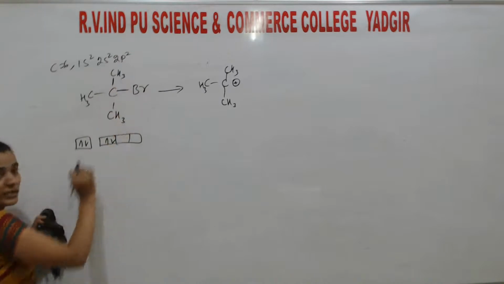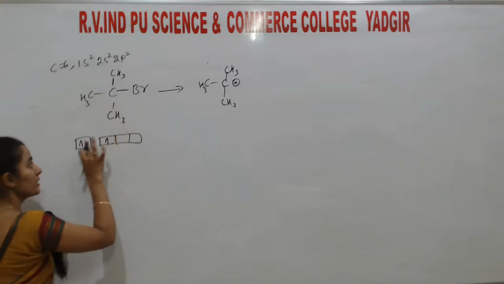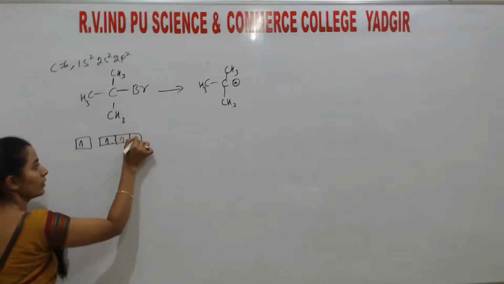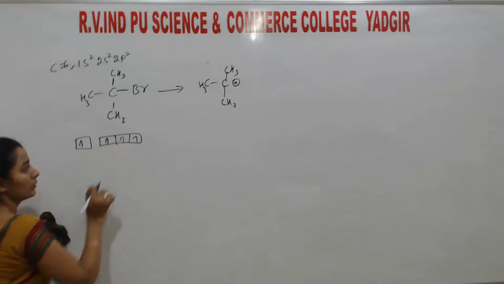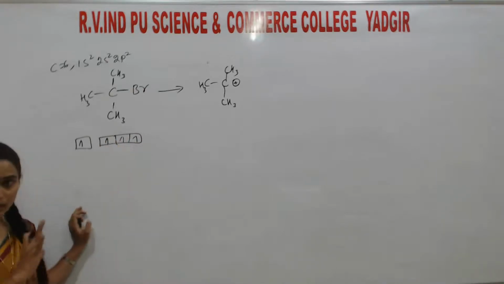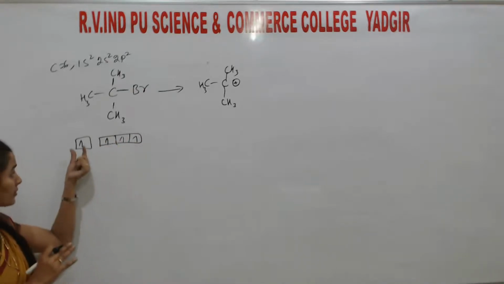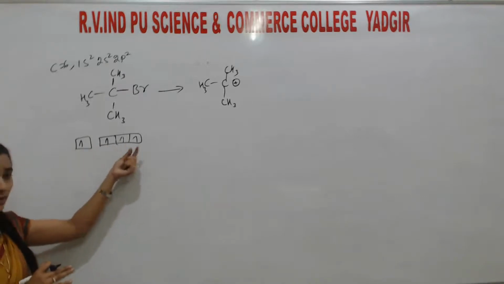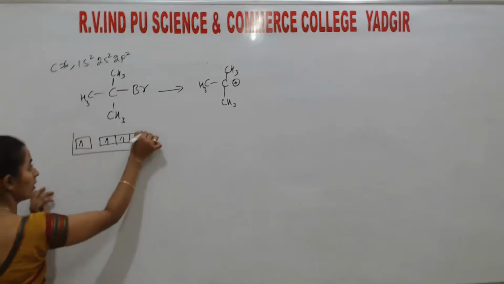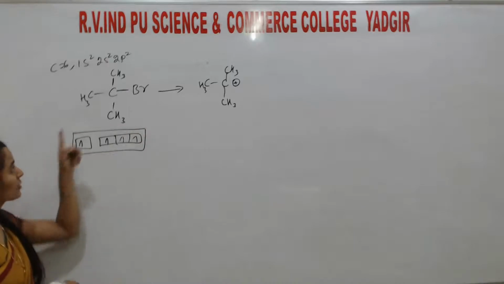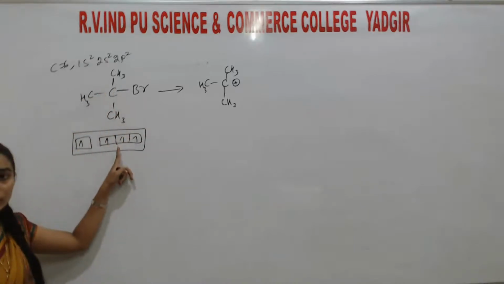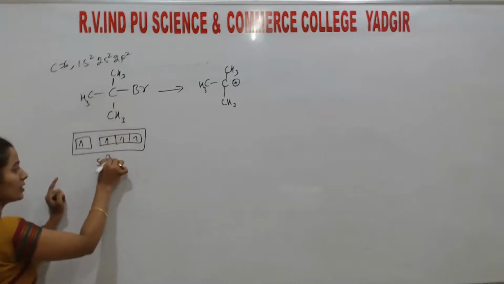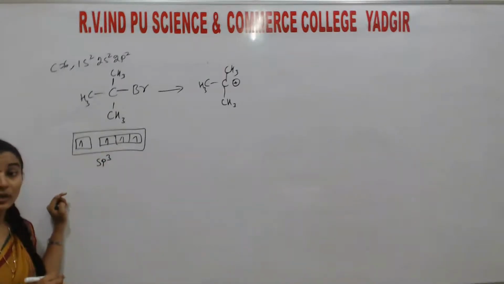We have 4 bonds here, so we need excitation, and it will be like this. So here, 4 bonds are there, which means it undergoes sp3 hybridization. What is the shape? Tetrahedral.